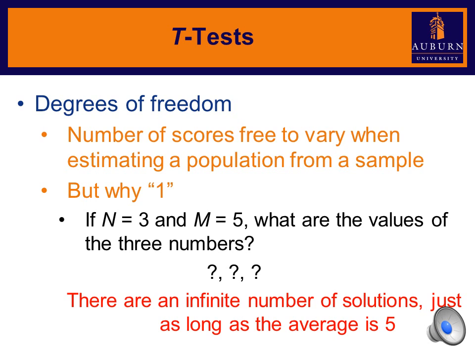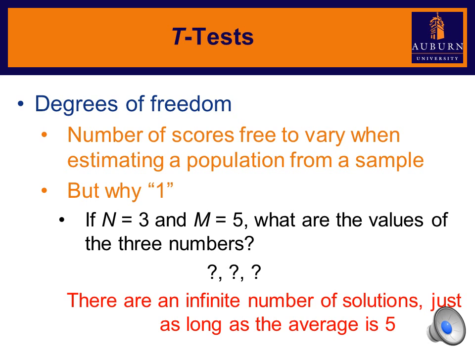So for example, our 3 numbers could be 6, 5, and 4. The average of those 3 numbers is 5, and so that meets the criteria of our problem. But also, the numbers negative 20, 7, and 28 would also meet that criteria. The average of those 3 numbers is also 5.